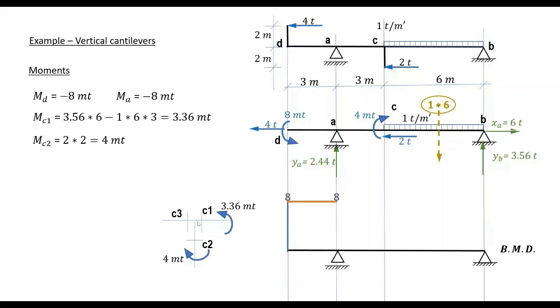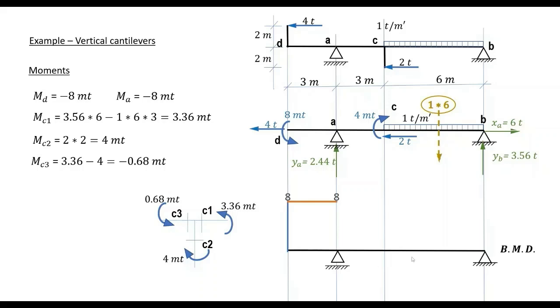Now, all sections at C must be under equilibrium. This means that the 3 moments applied at C1, C2, and C3 must have a sum of 0. And therefore, by equilibrium of this joint, MC3 equals the difference between these 2 moments, which gives 0.68 meter tons and heading in this direction.